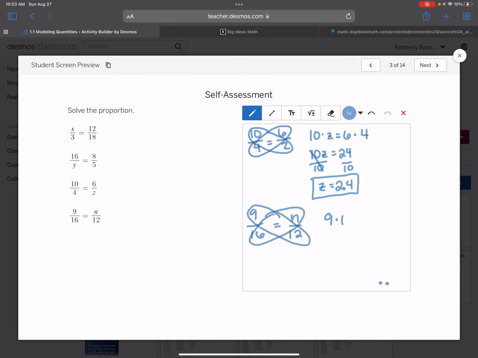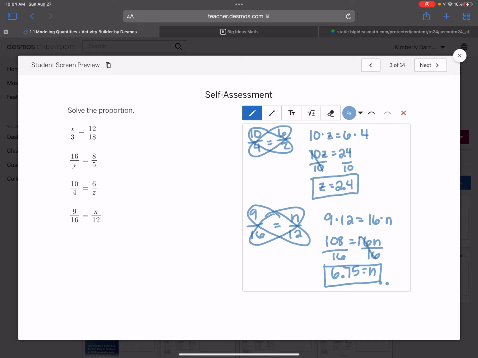We got 9 times 12 equals 16 times n. So 108 equals 16n. Divide both sides by 16. Did not mean to do that. And we get that 6.75 equals n, or n equals 6.75.